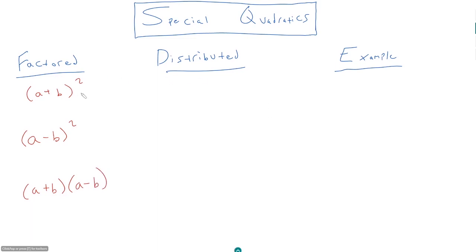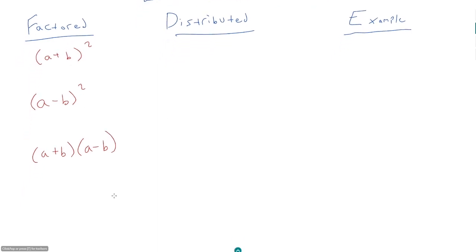And to show you that your special quadratics are no different than any other type of quadratic, let's get our distributed form by FOILing these out, which after today you shouldn't have to do. A plus b squared would just be a plus b times a plus b.